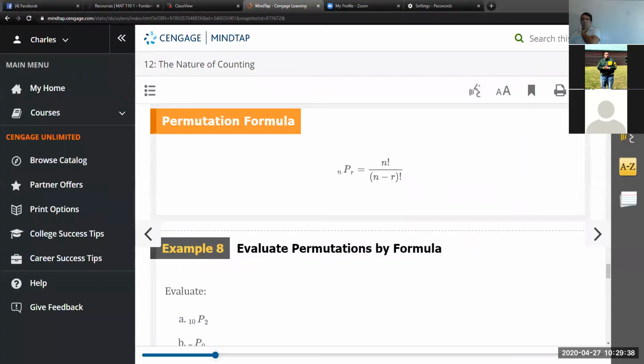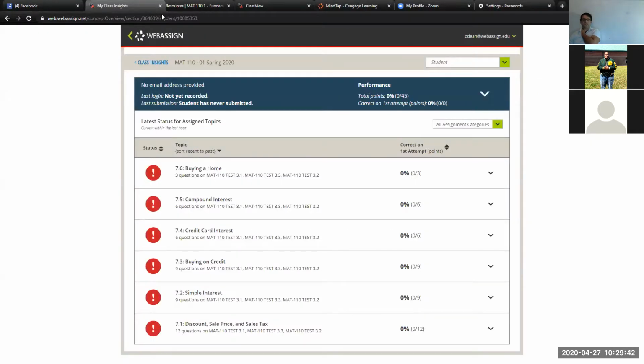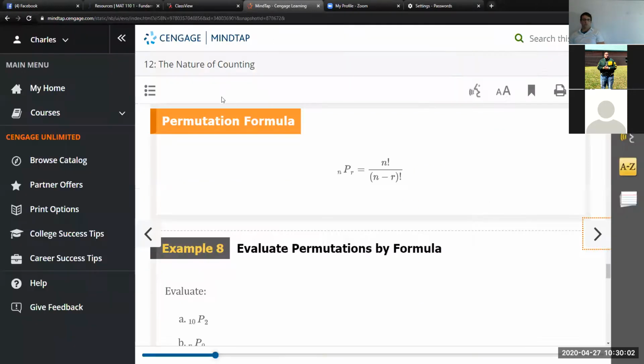Yeah, so you can look at class insights, and it will show you how you did out of those sections. So if you're curious, check that out.